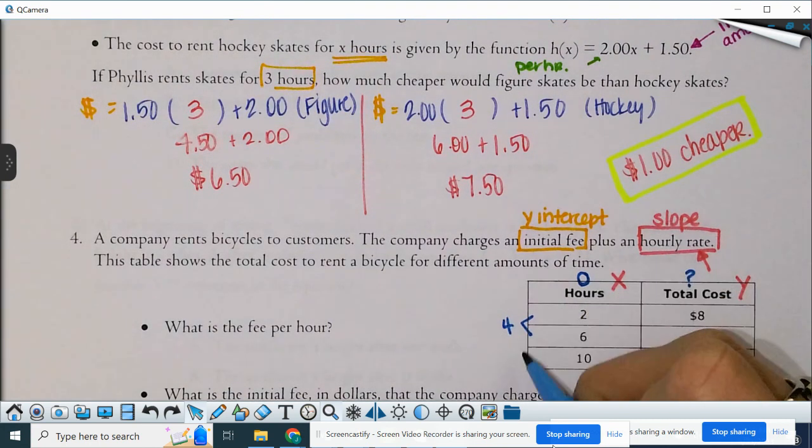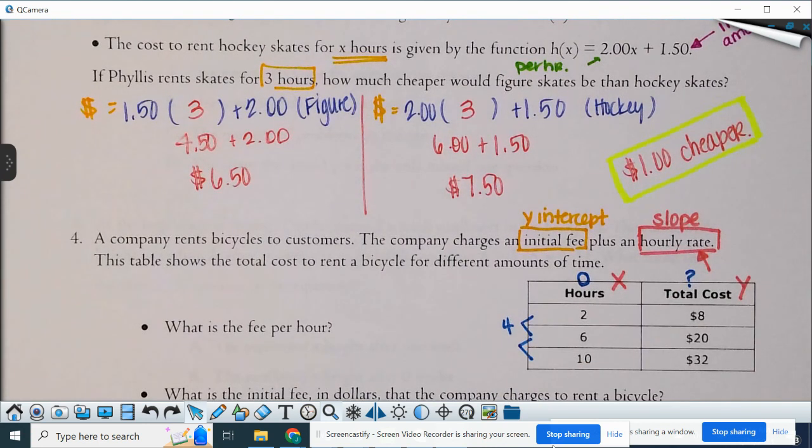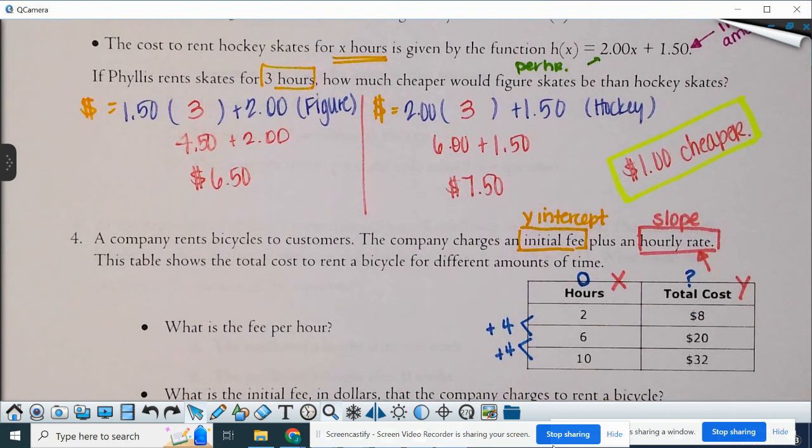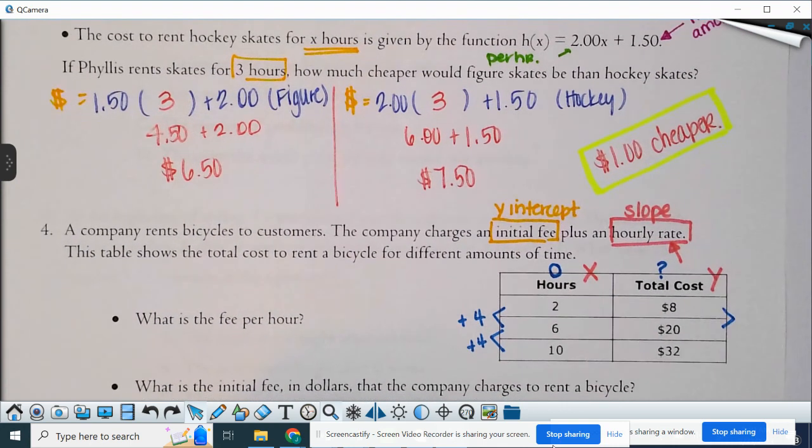How do we get from 6 to 10? Yep, we added 4 there too. So positive 4, positive 4. That's our x. How did I get from 8 to 20? Good, 12. How to get from 20 to 32? Add 12 again, exactly.